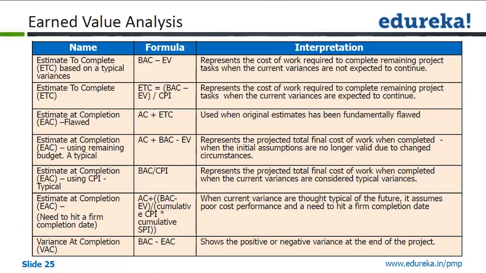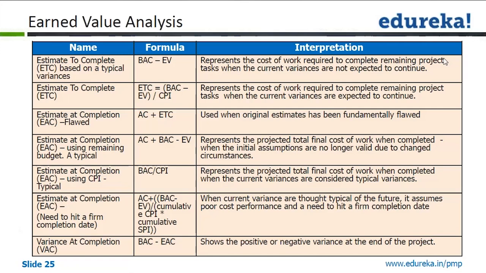But you use another formula called BAC by CPI, which represents the projected total final cost of work when completed, when the current variances are considered typical variances. That means it will continue. Then there is an estimated completion where you have to hit a fixed firm date of completion. Then it is AC plus BAC minus earned value by cumulative CPI into cumulative SPI.